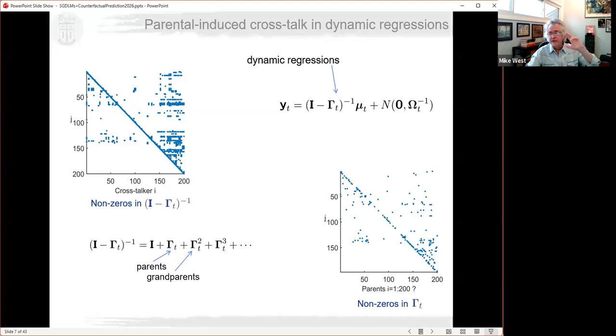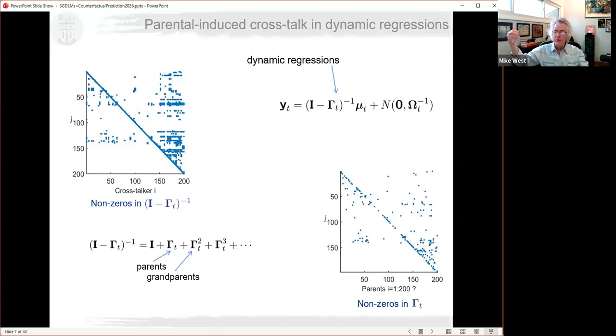And then gamma squared goes out to the grandparental predictors. So let me say Morgan Stanley here is a predictor of Citibank, but not a predictor of Wells Fargo. Citibank is a predictor of Wells Fargo, therefore there's an inheritance through the generation.